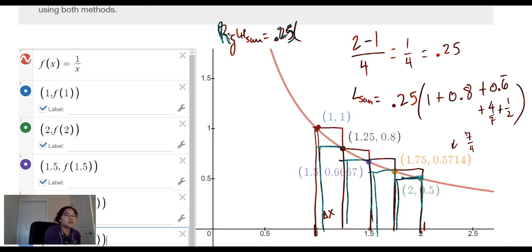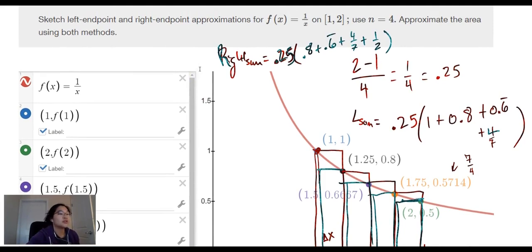So that is 0.25 times 0.8 plus 0.6 plus 4/7 plus 1/2. Oh wait, hold up. Did I do that wrong? I did. 1, 2, 3, yeah, it's not a 1/2 there. This is a 4/7, and that's it for the red one, and then that's the 1/2. Okay, so yeah, those are your numbers.